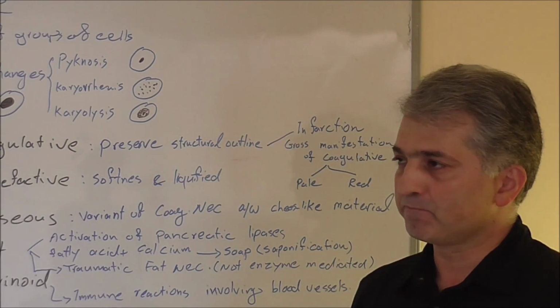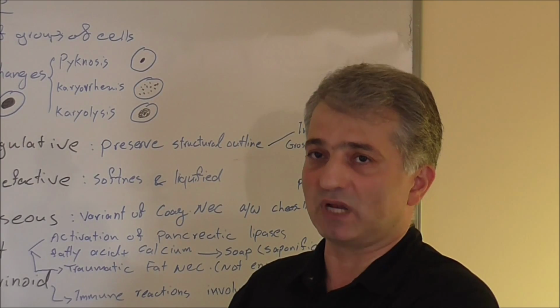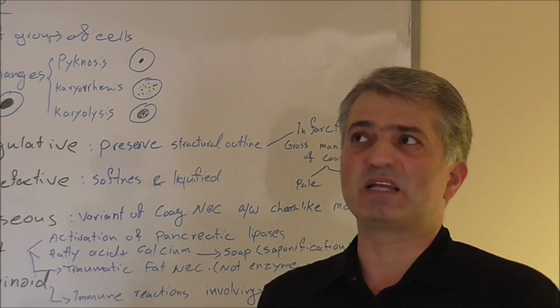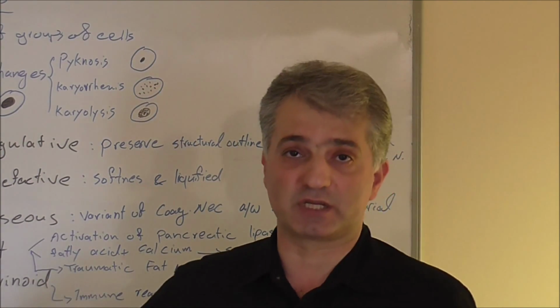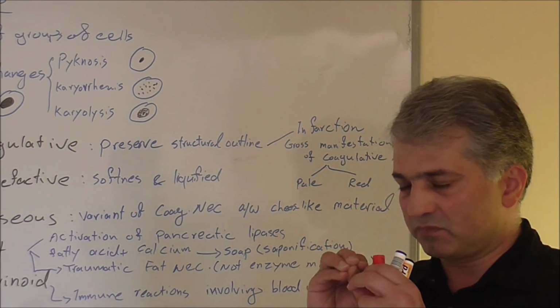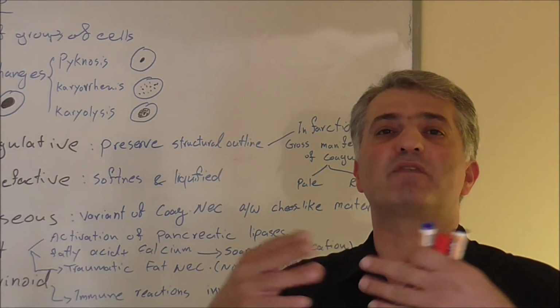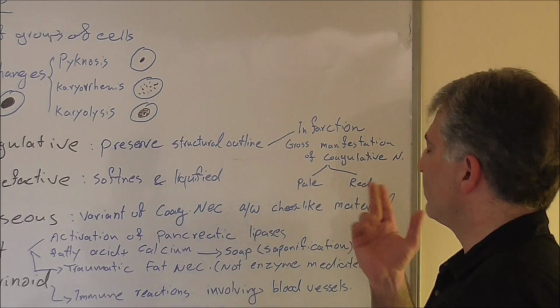What does it mean? When we say red in tissue, that means we have a lot of red blood cells there. This type we call hemorrhagic as well. The reason is the red blood cells go out of the capillaries and sit between the dead tissue. That's why we will see red.